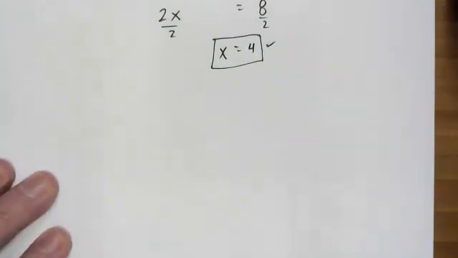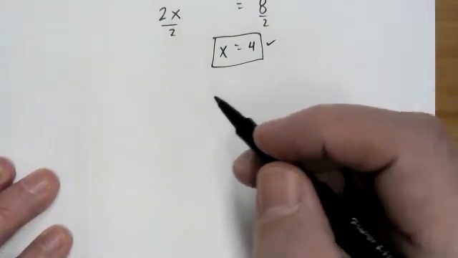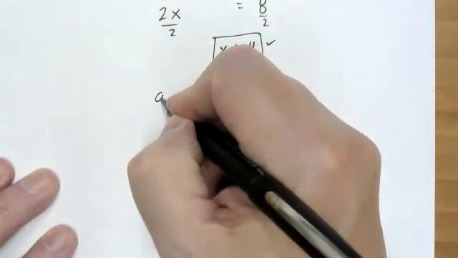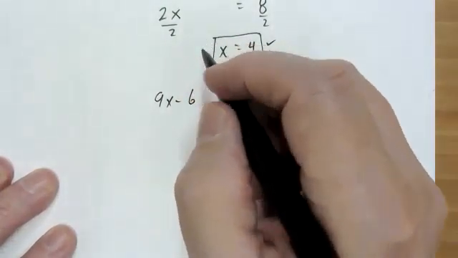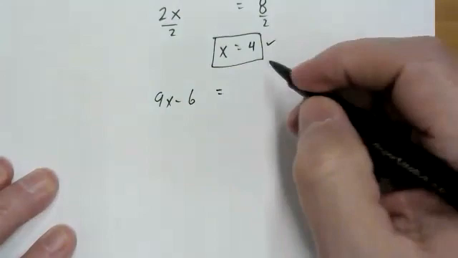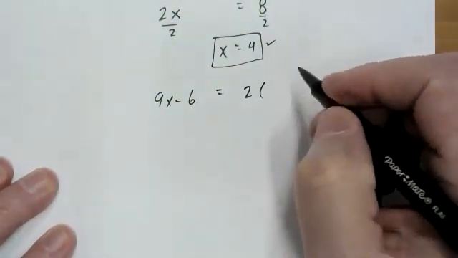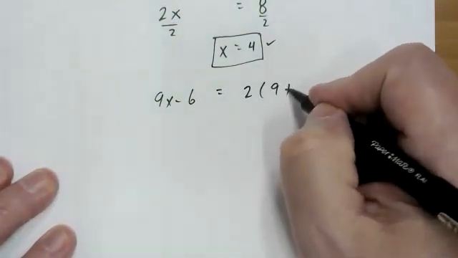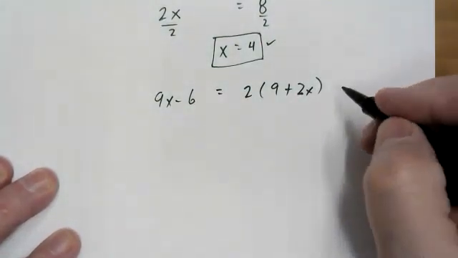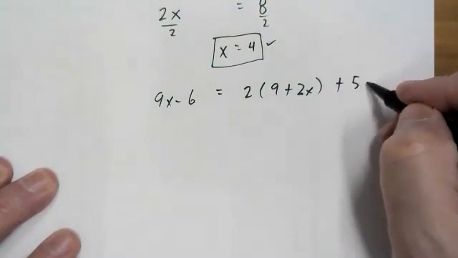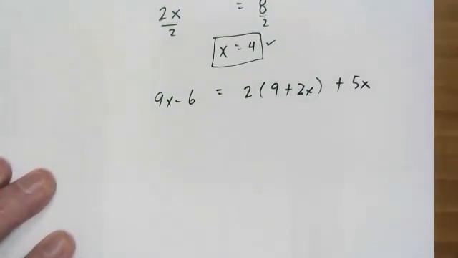Let's look at a different equation. How about 9x minus 6 equals 2 times (9 plus 2x) plus 5x.